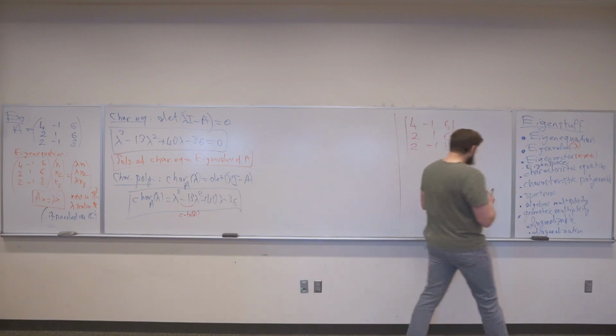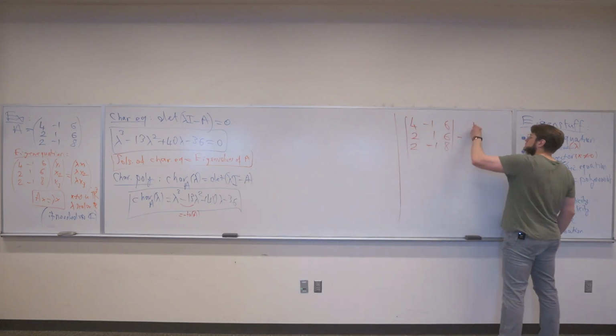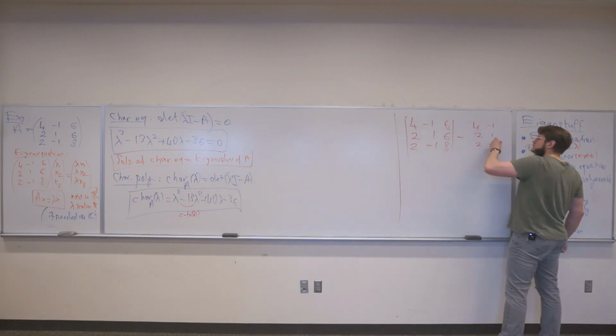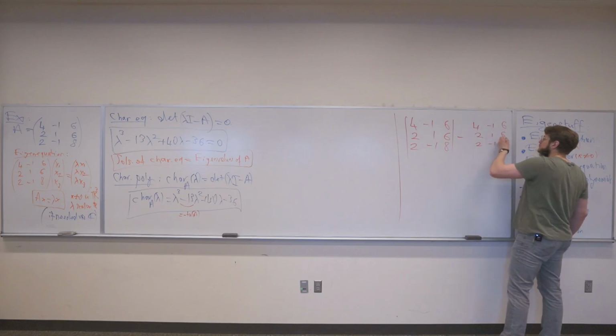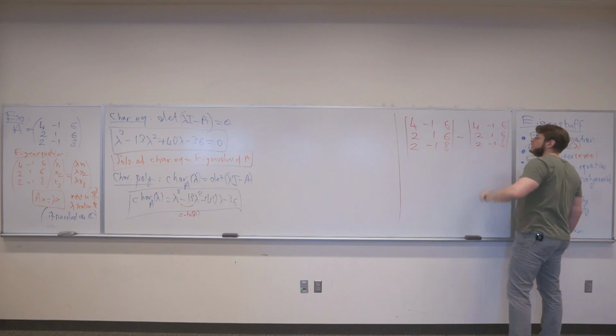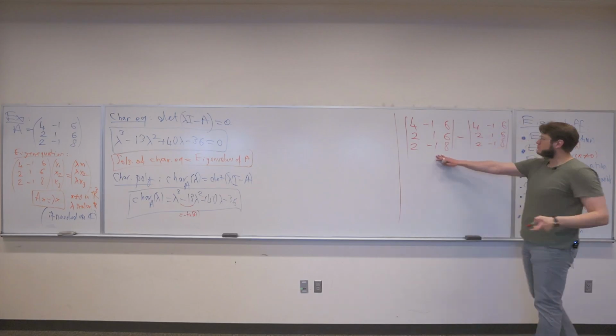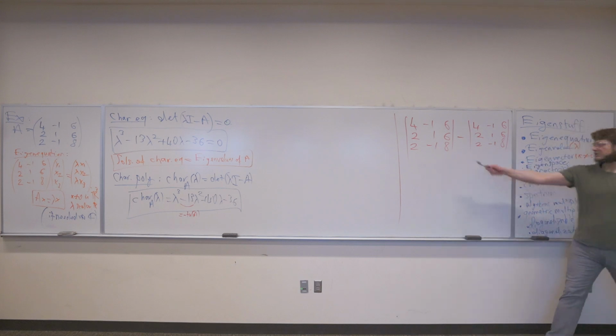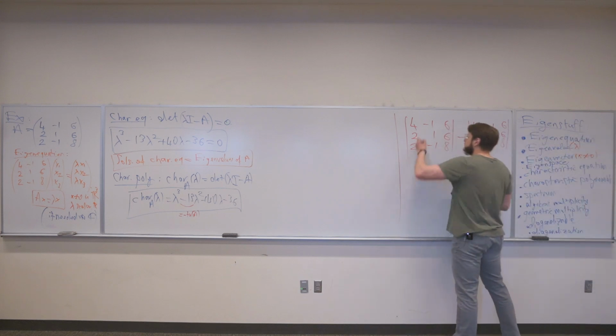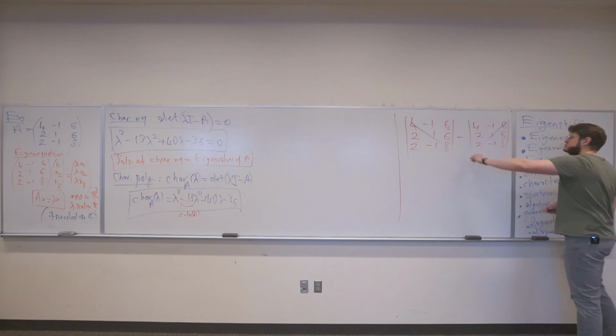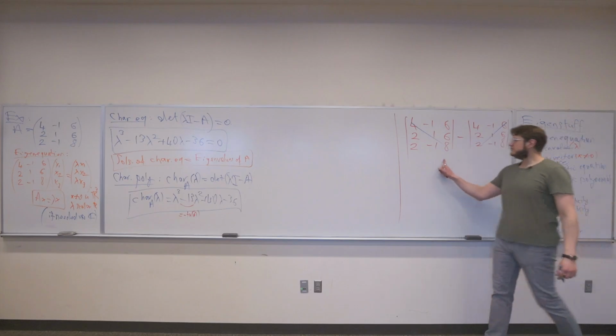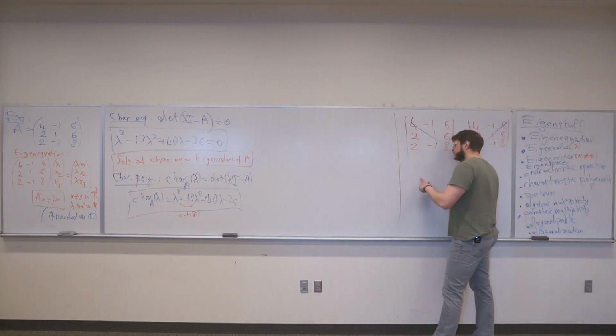So I write two of them. And I'm going to have plus contributions from triangles in this direction, and then minus contributions from this direction. So I'm multiplying everything.